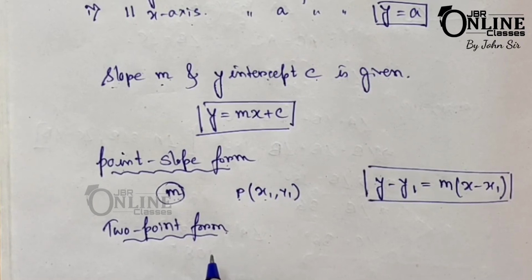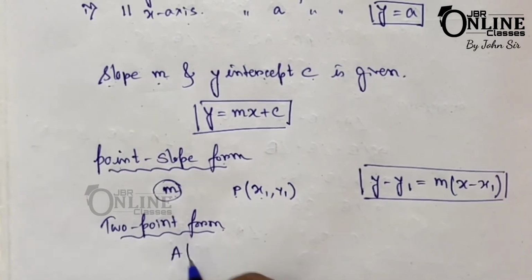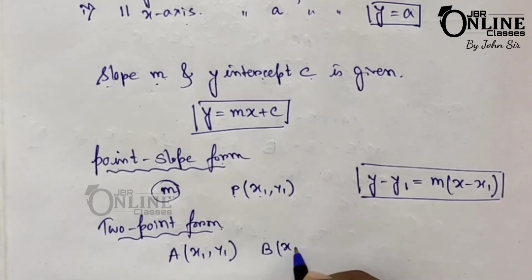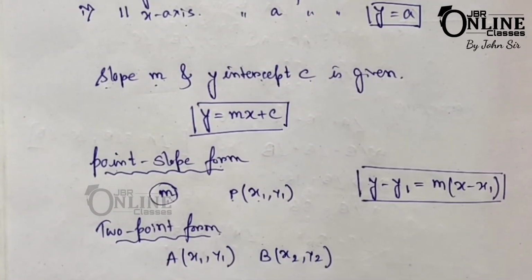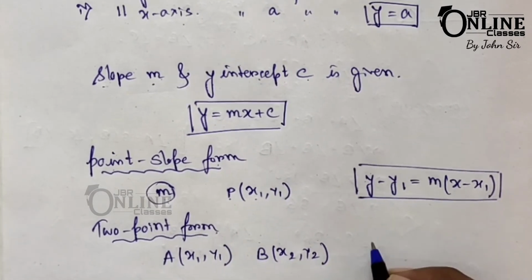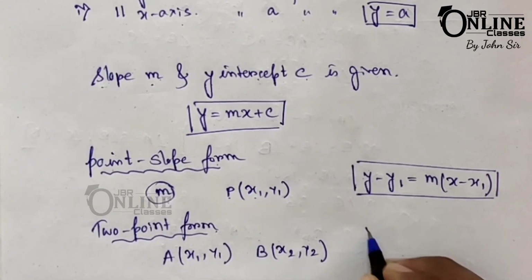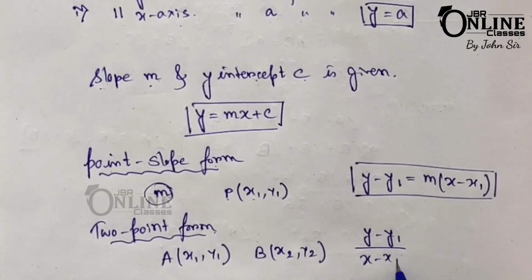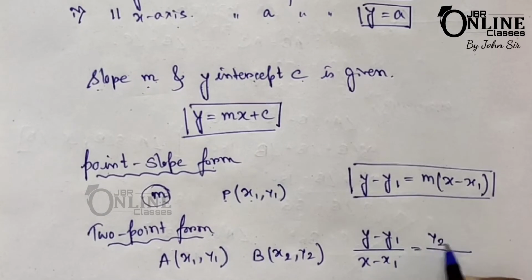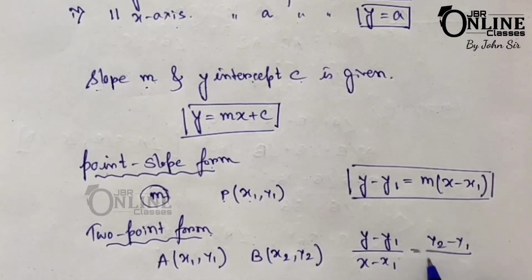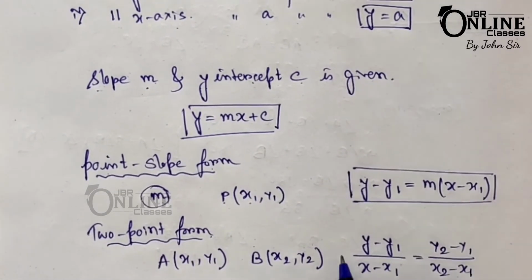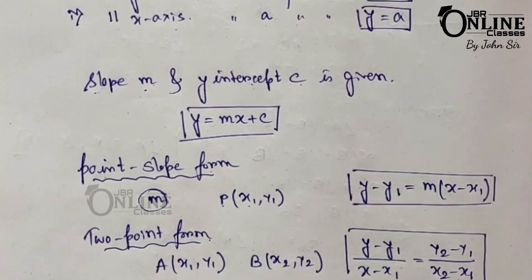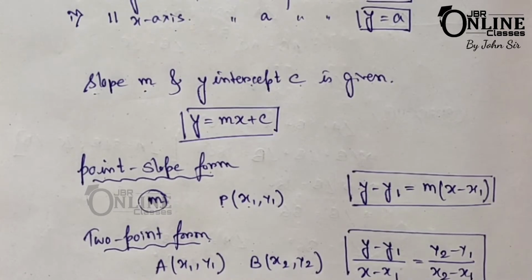The equation of a line passing through two points, the first one x1, y1 and the second one x2, y2, is given by y minus y1 by x minus x1 equal to y2 minus y1 by x2 minus x1. So these are the forms of the equation of a line.